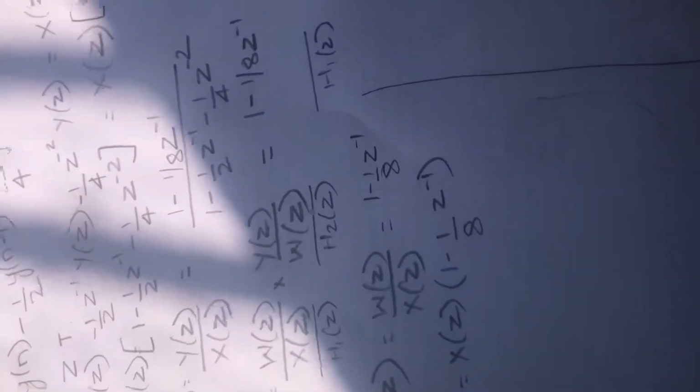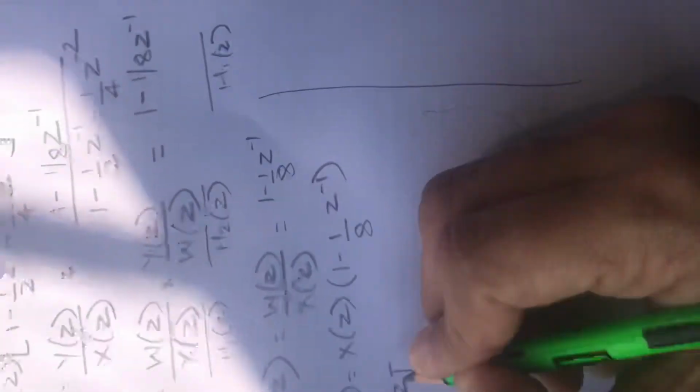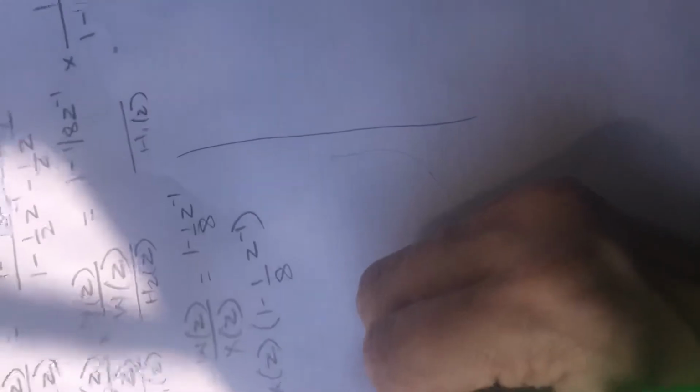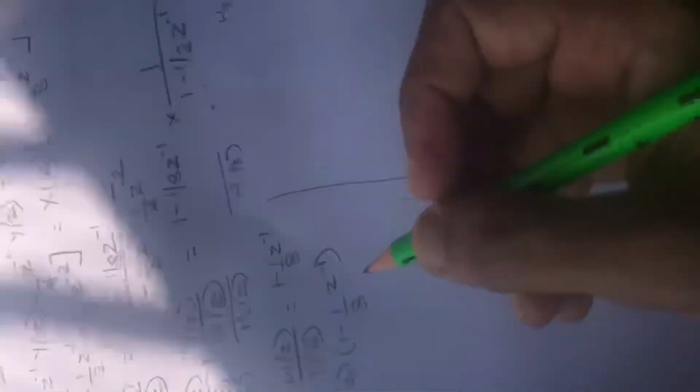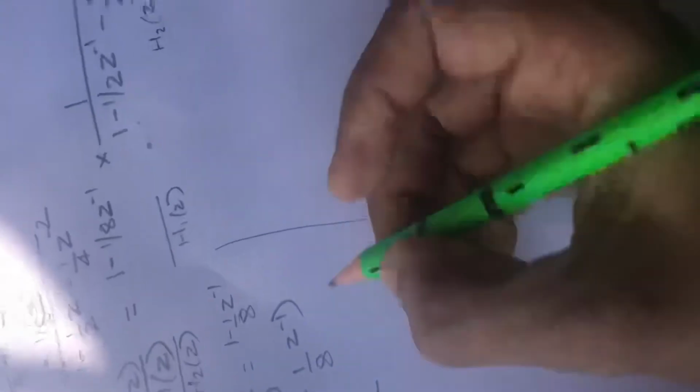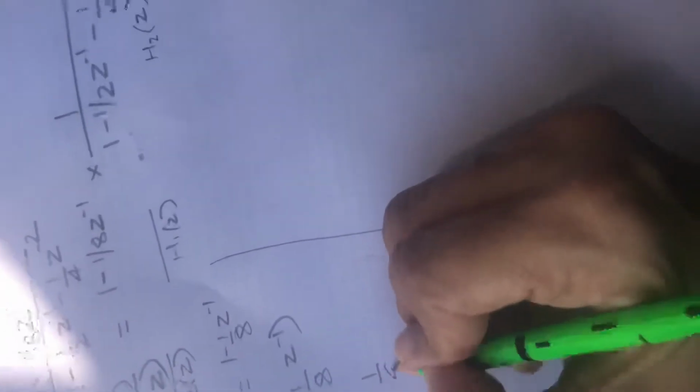This is the whole derivation I am doing. It is not for examination, you need not derive the whole thing, you just have to draw the final structure, which we will arrive at very shortly, taking inverse Z transform of this. So I'll have w of n, an arbitrary signal which I've assumed, equal to x of n minus 1 by 8 x of n minus 1.